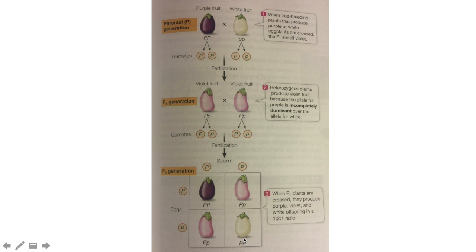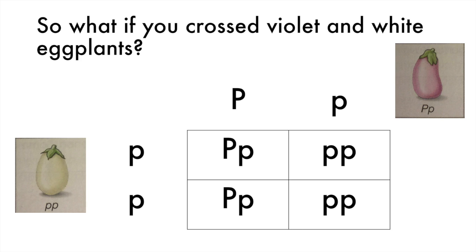So we don't get all violet, which we might expect under a hypothesis of blending. We get this 1 to 2 to 1 that we saw in the purple flower plants, only with an intermediate expression of the heterozygous phenotype.